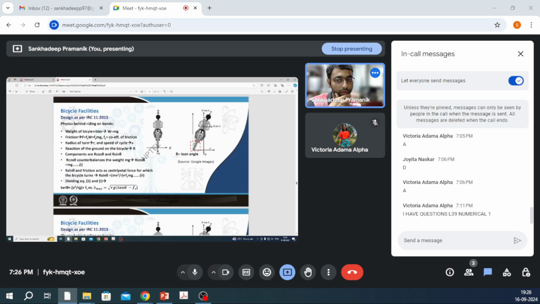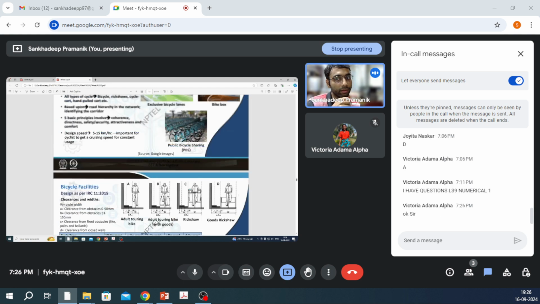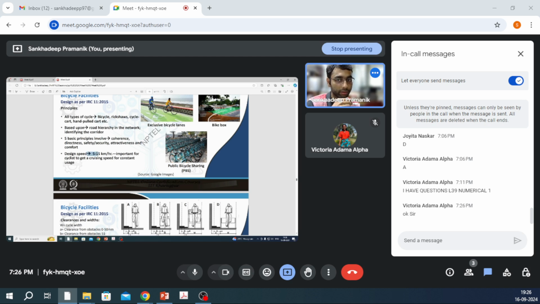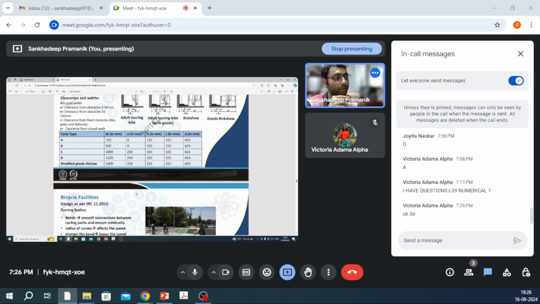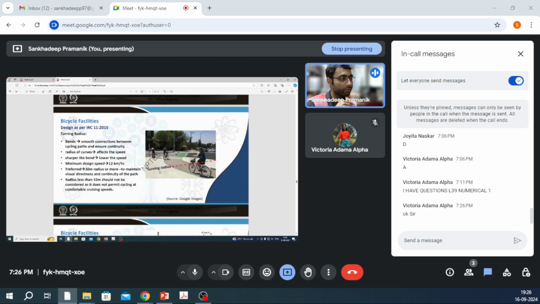In the normal case it is 5 to 15, that is the design speed. But if we design a particular curve for 5 kilometers per hour, then the vehicles at a higher speed, like the long distance bicycles, may find it difficult. We also don't want people to find it difficult.